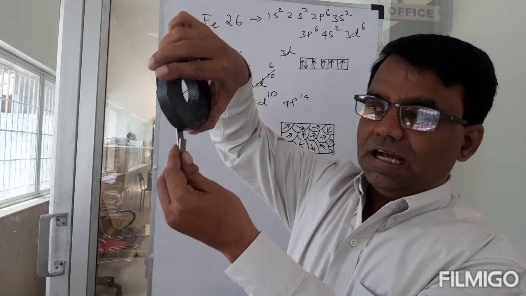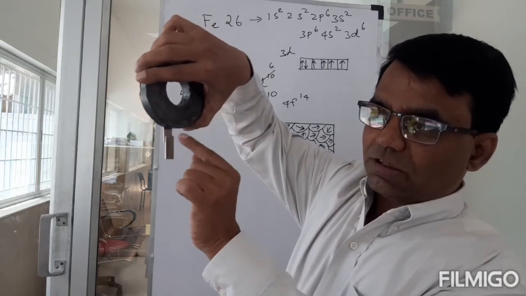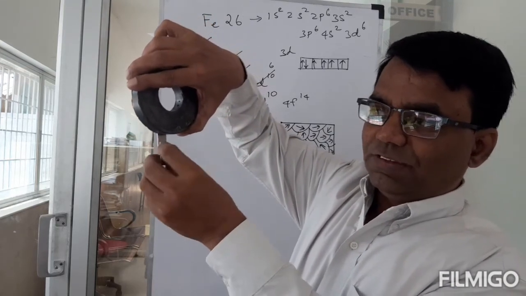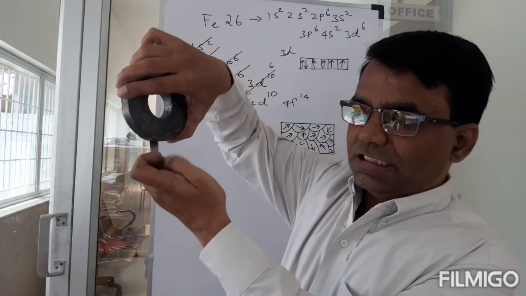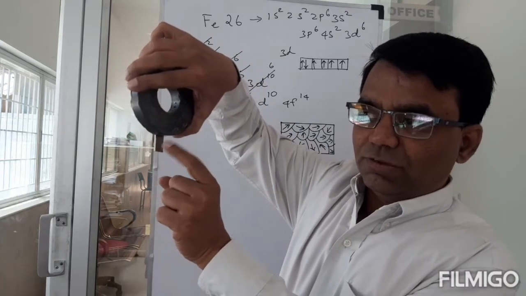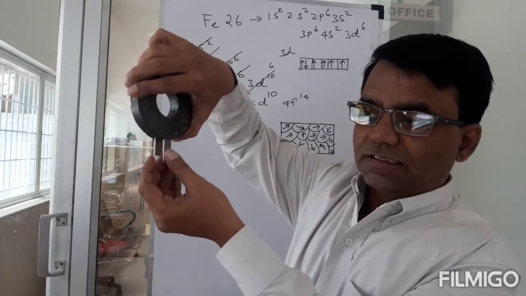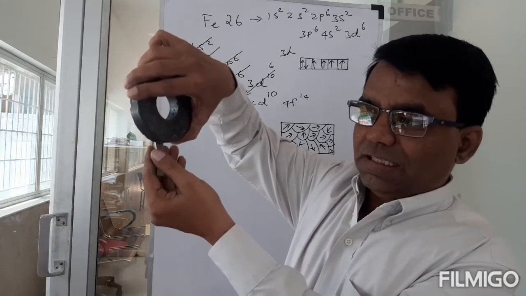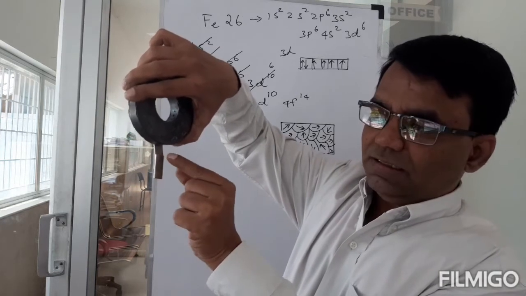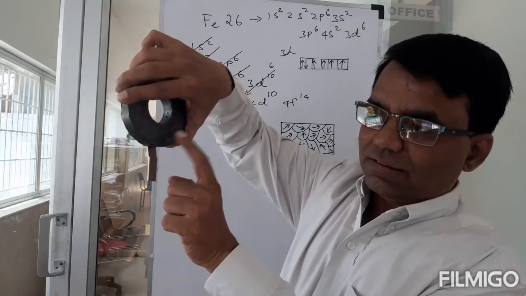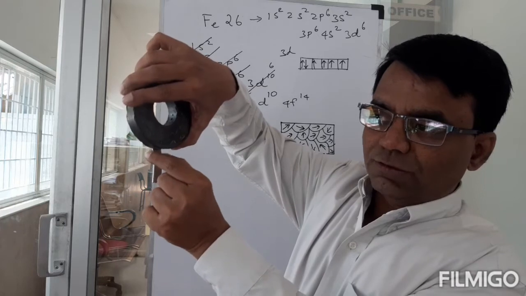Why? Notice the field due to the magnet is not very strong here. If it were stronger than the magnetic field due to this piece, then this would have automatically gone and stuck there. But notice, if we keep it here, at this point, the field due to this is slightly less than the field due to this one.